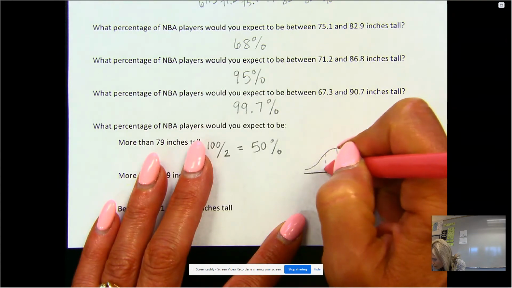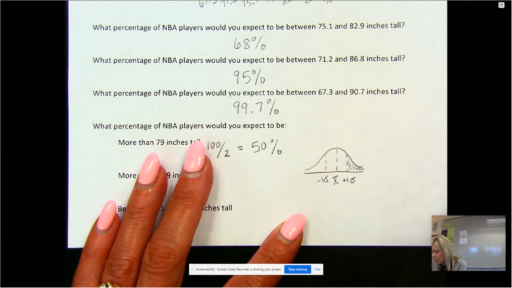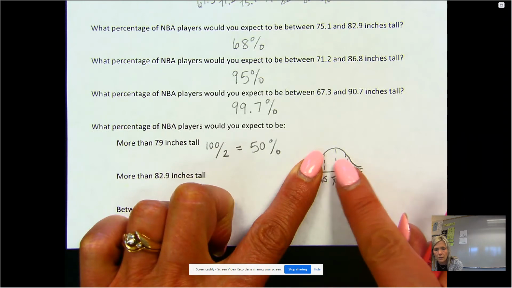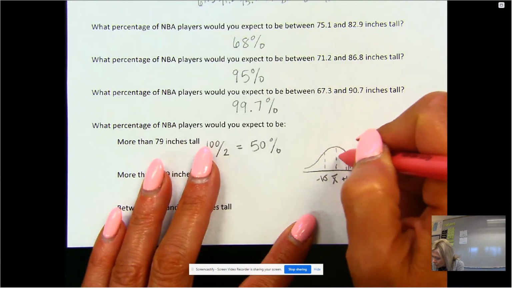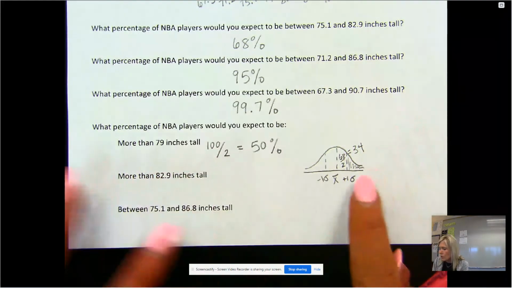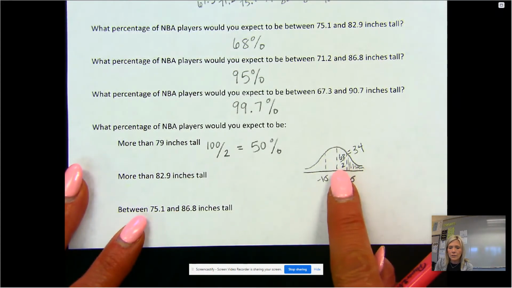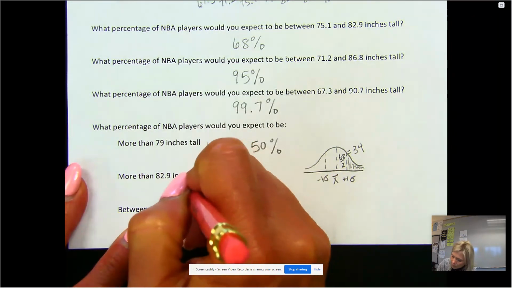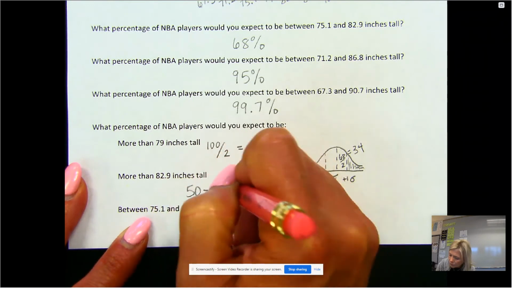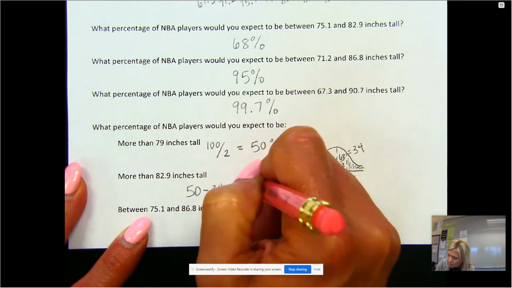But between -1 and +1 standard deviation is 68%. And this is a symmetric interval. It's the same on both sides. Then each part of it is 68 divided by 2, or 34%. So the shaded region right here is the top 50% minus this piece, which is 34. So I can figure it out by 50 minus 34, which is 16%.